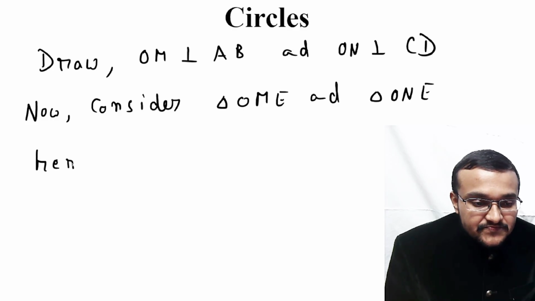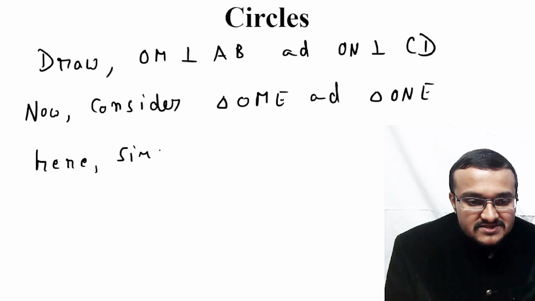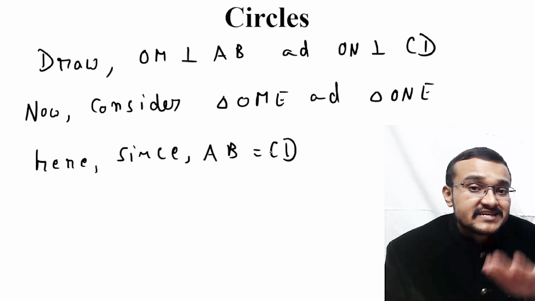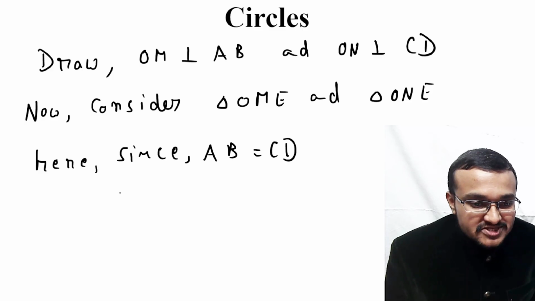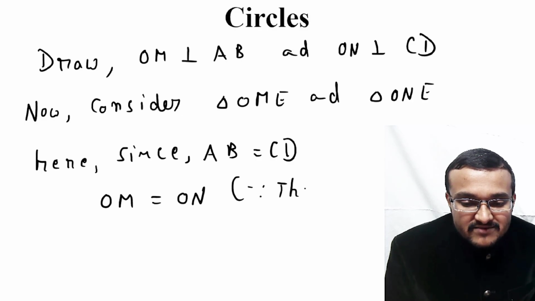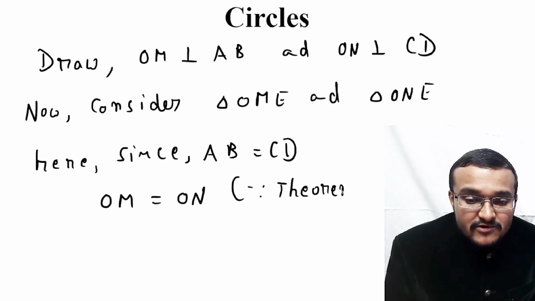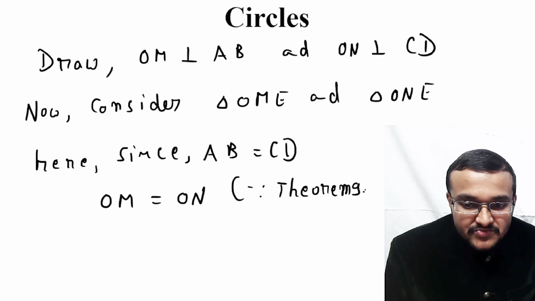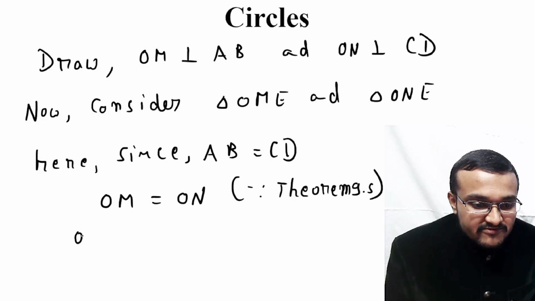Here, since AB is equal to CD, which they have already given because they have mentioned equal chords, OM is equal to ON. This is because according to theorem 9.5, if chords are equal, then they are equidistant from the center.